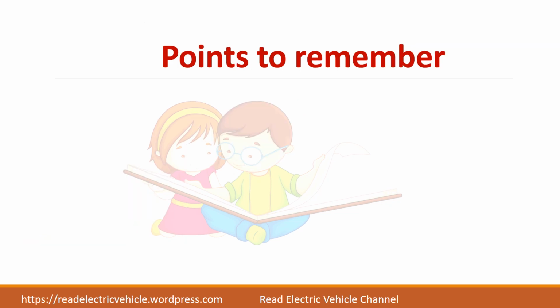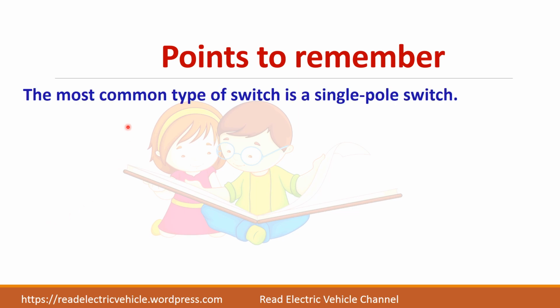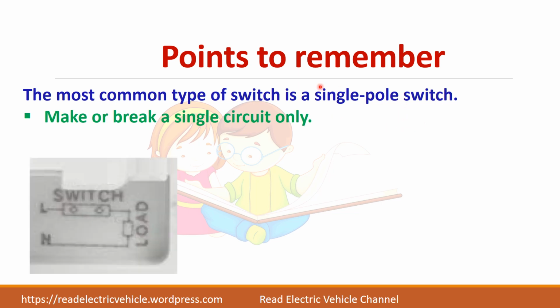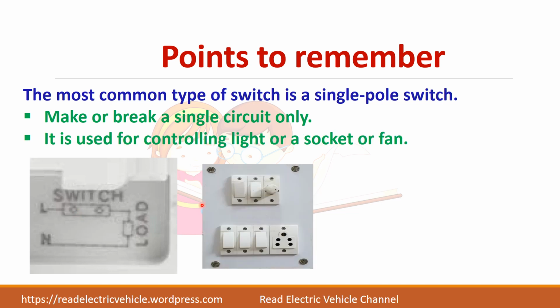Let us summarize what we have seen. The most common type of switch used in our home is the single pole switch or one-way switch. It is used to make or break a single circuit only. We can see here the switch should be connected in the line such that the power to the load is cut off when you turn off the switch.